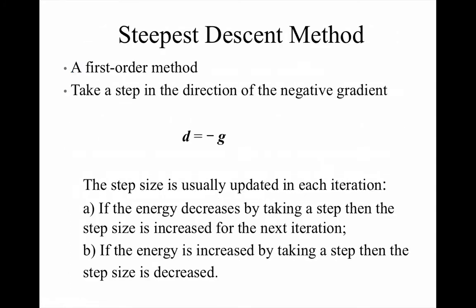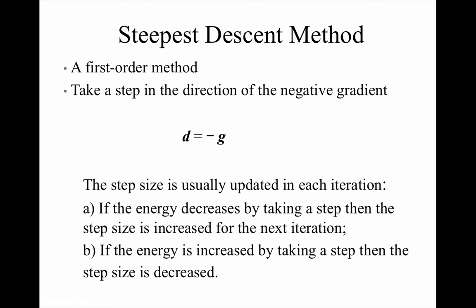If we look here at a first order method, then one of the most used methods is called the steepest descent method. What we do here is that we start out on a given point on the potential energy surface, and then we take a step in the negative direction of the gradient. We illustrate this here by saying that the step is equal to minus the gradient. Usually we multiply the gradient by some scalar in order to adjust the step, being either a large step or a small step.